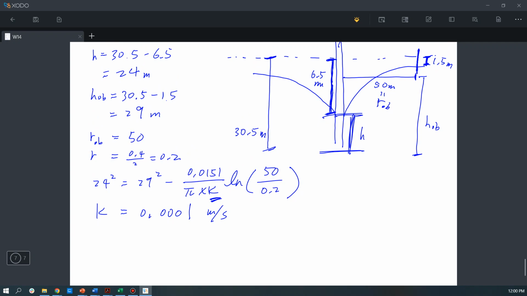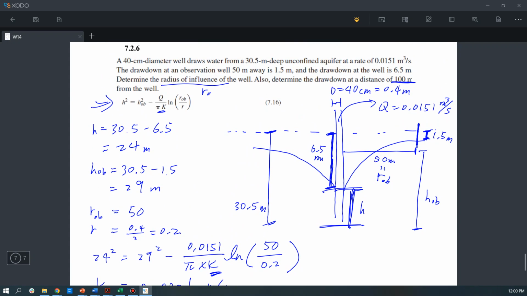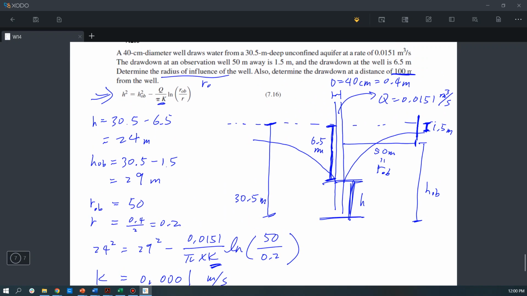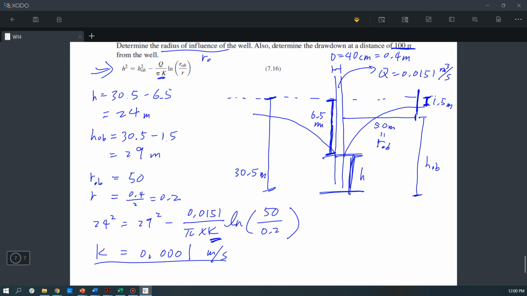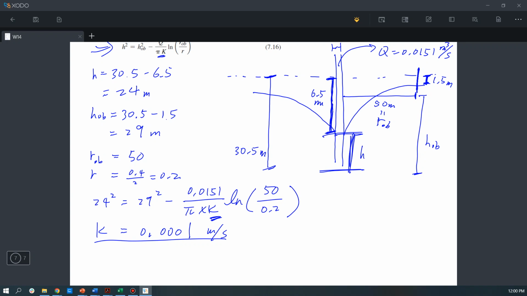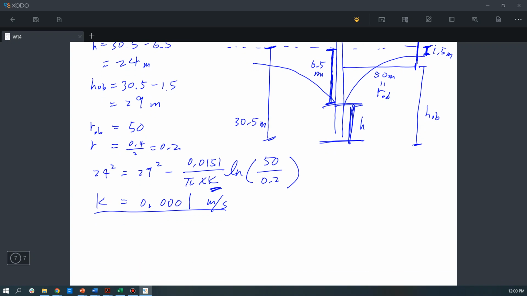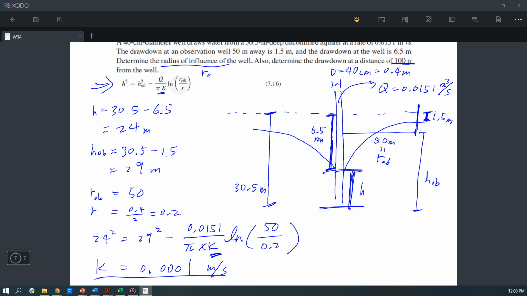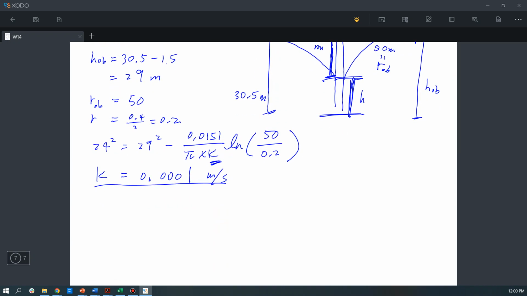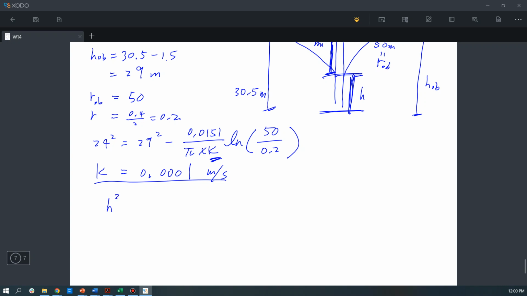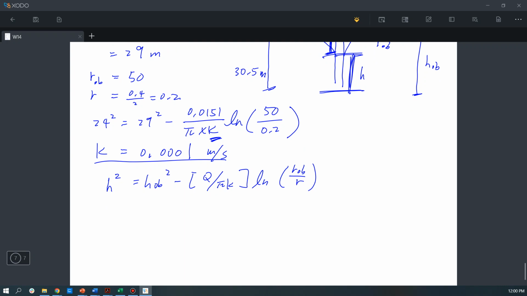Okay, so after that, we can apply this equation 7.16 again to solve R0. Let me write down the equation here again. Okay.